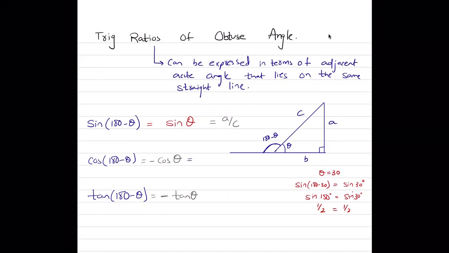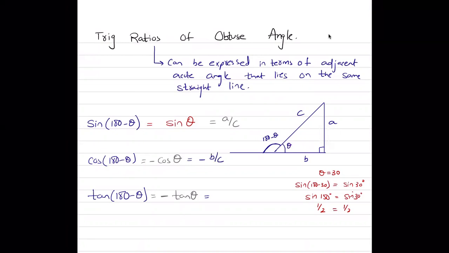So using this diagram, if I ask you to find cos of 180 minus theta, you are going to remember that cos of 180 minus theta is negative cos theta, the negative of the acute angle's cos. You evaluate cos theta from this right angle triangle. Cos theta will be the ratio of adjacent upon hypotenuse, so this comes out as minus b upon c.